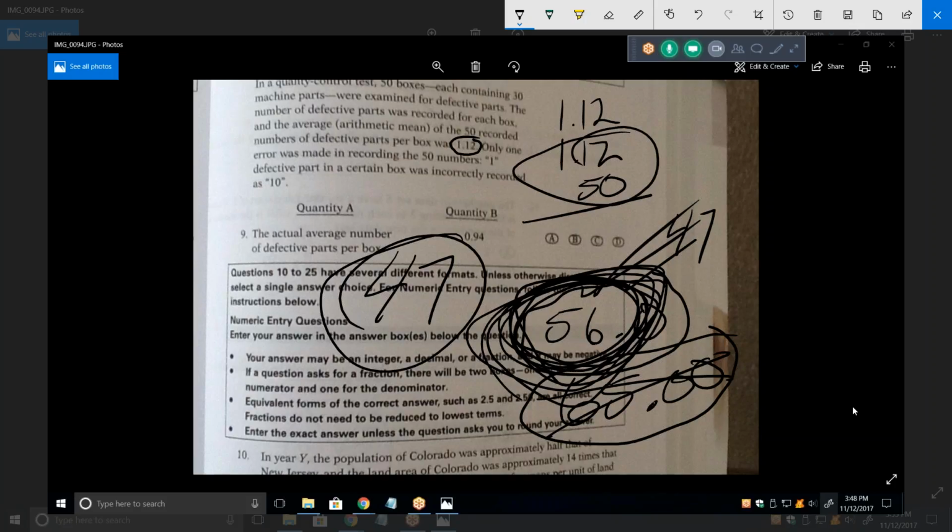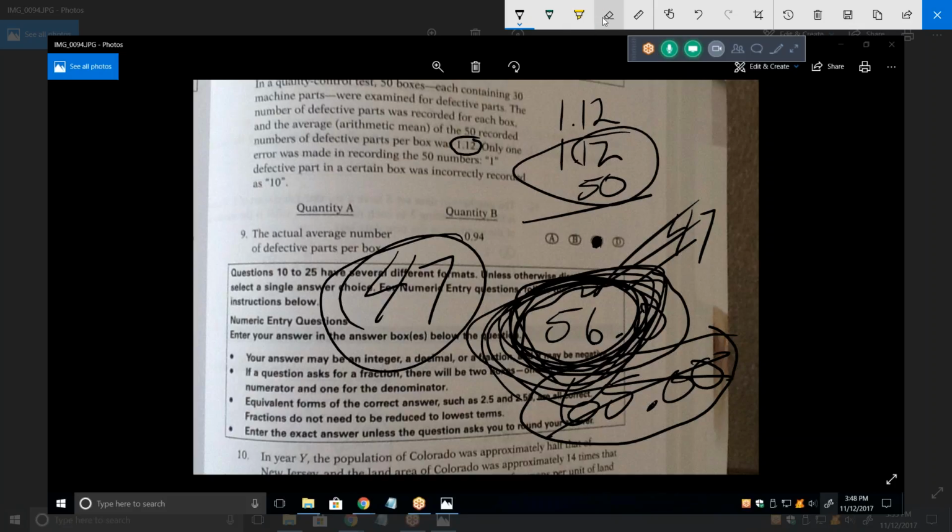Hold on, getting my calculator. Exactly 0.94. They are equal. Yep.